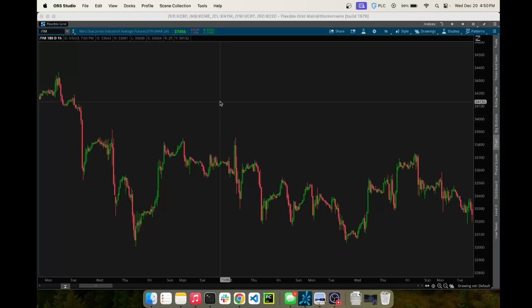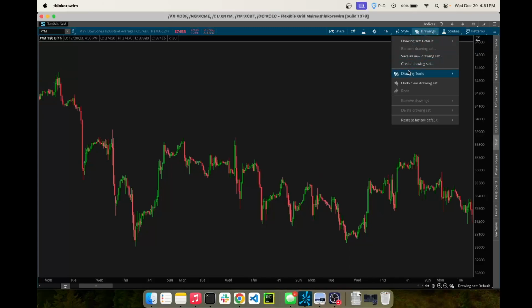This ABCD pattern typically helps to identify some larger scale zones where that take profit may happen. So if you lucked out and you're holding a runner that is pushing towards those profit targets, then it might give you a little bit more information around where you might want to consider exiting.